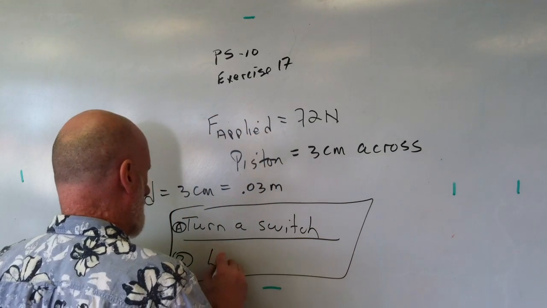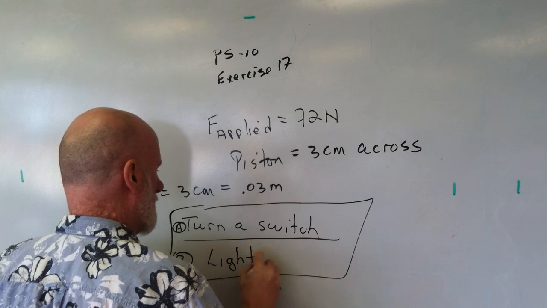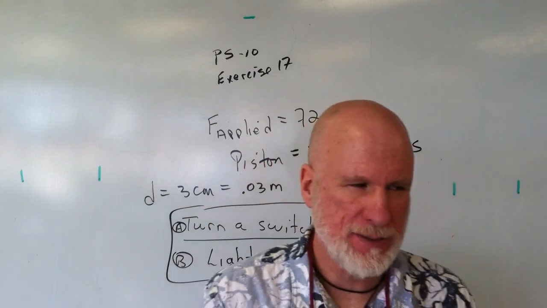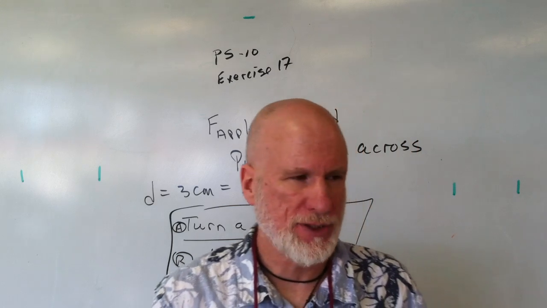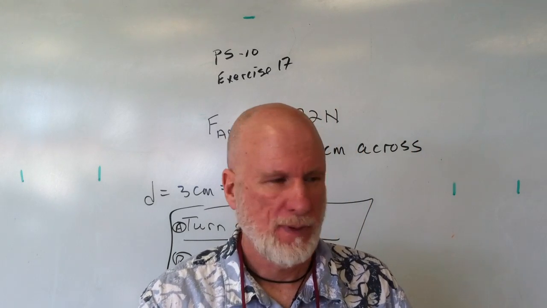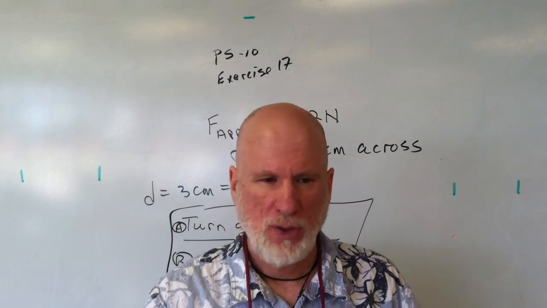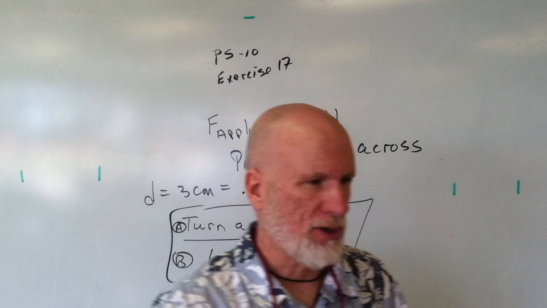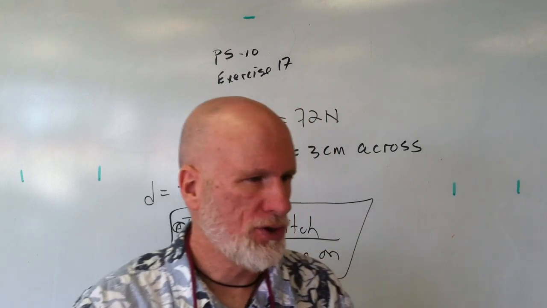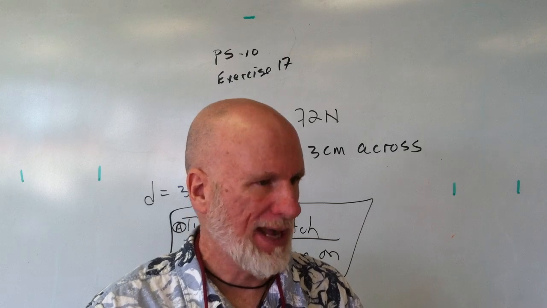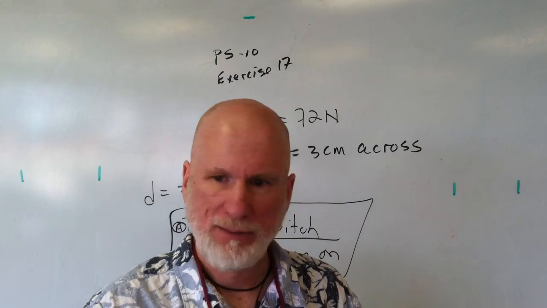Lights come on. Okay? Yes? 2 actions. I flick a switch, the light comes on, correct? There are 2 variables there, correct? What are the 2 variables? Flicking the switch, that's variable A, action.